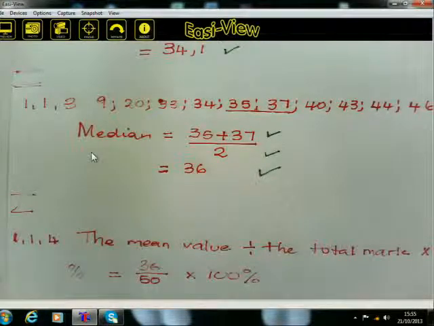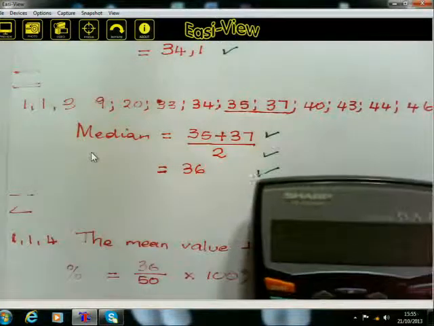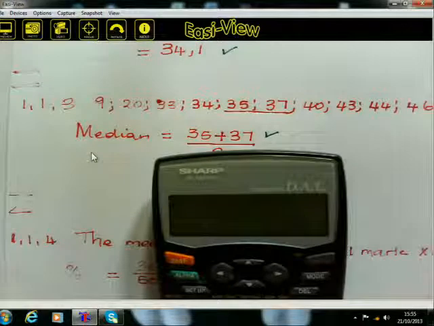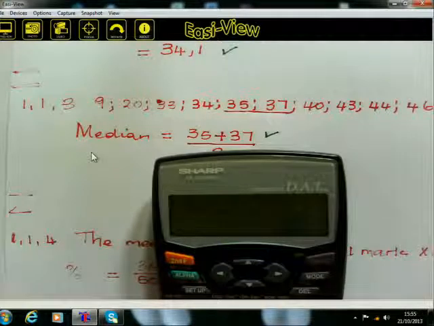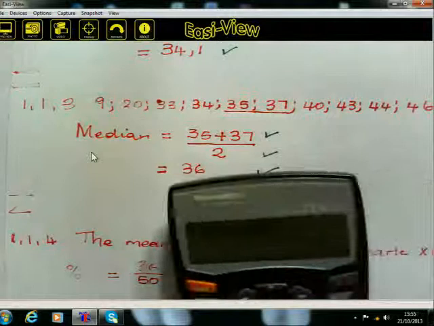So after you do the first step, then you go to your calculator. You say 36, you divide it by 50, the total mark of the test was out of 50, equals sign, you multiply by 100, which is 72. It gave us 72.